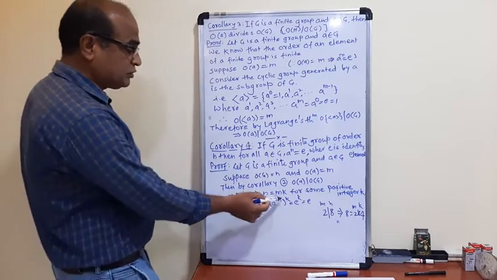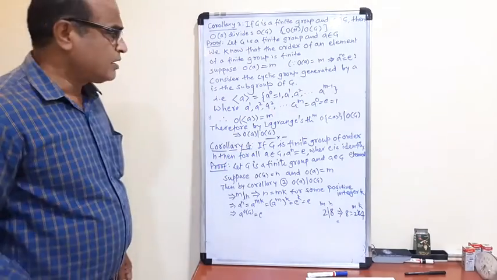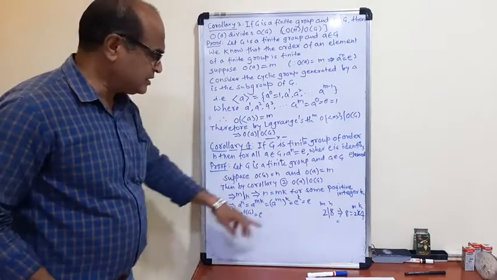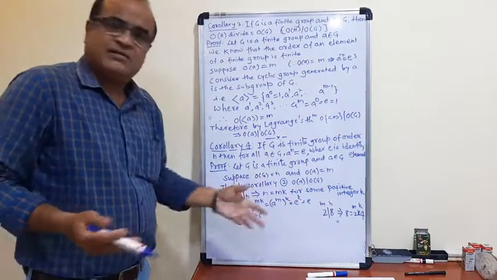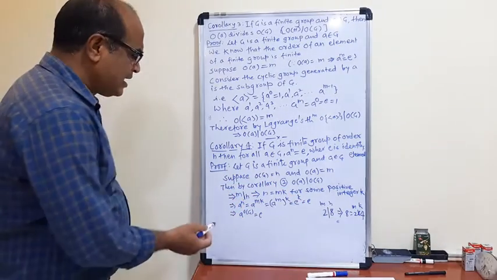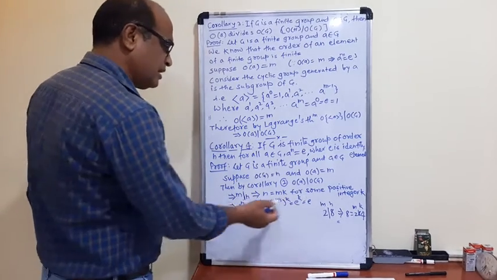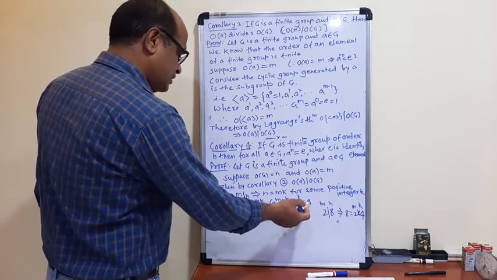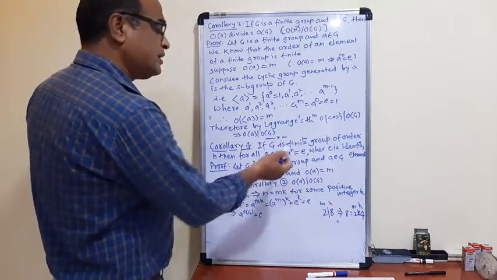But what is a raised to m? a raised to m is e. So this is e raised to k, and e raised to k is e, the identity element. Hence we prove that a raised to n is equal to e.